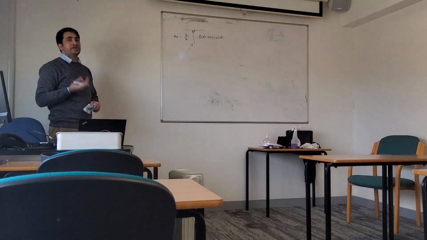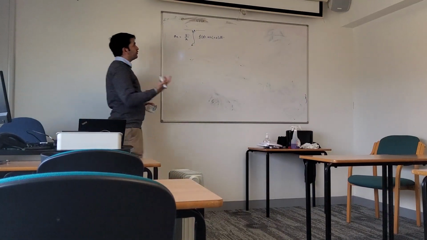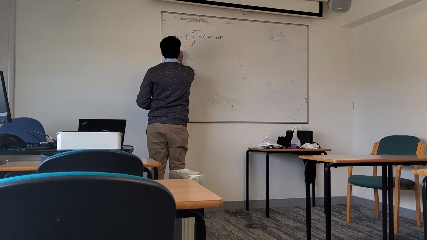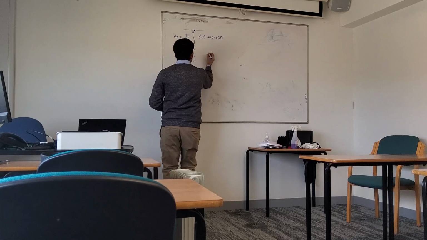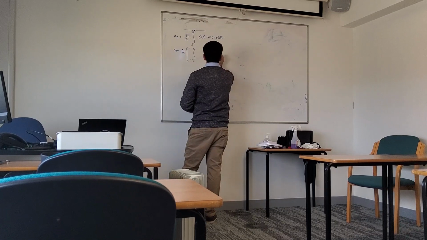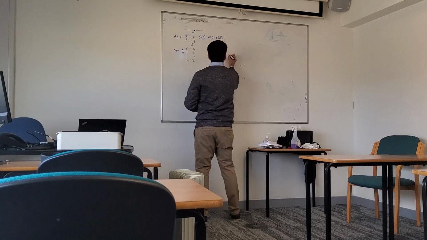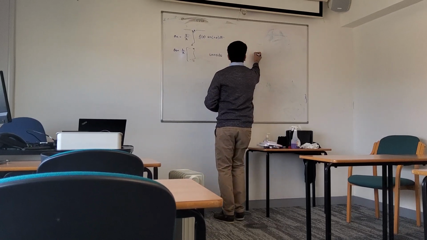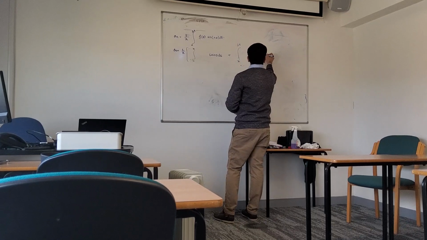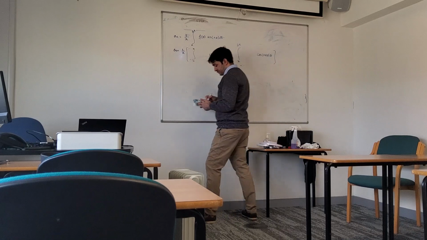Now we need to break the integration into two parts, because the function is in two parts. So a_n is 1 by pi, and inside it would be the integral from 0 to pi of cos of n theta d theta plus the integral from pi to 2 pi of cos of n theta d theta, right?